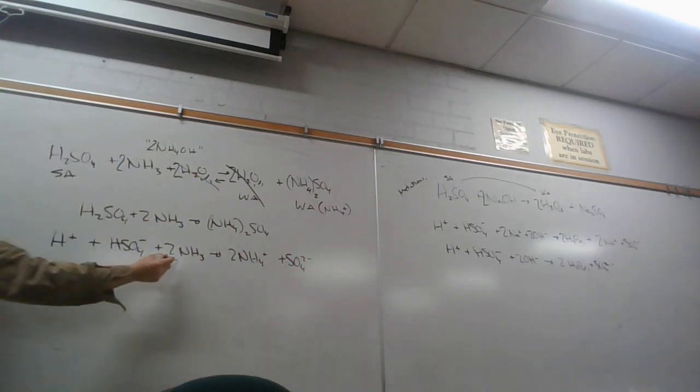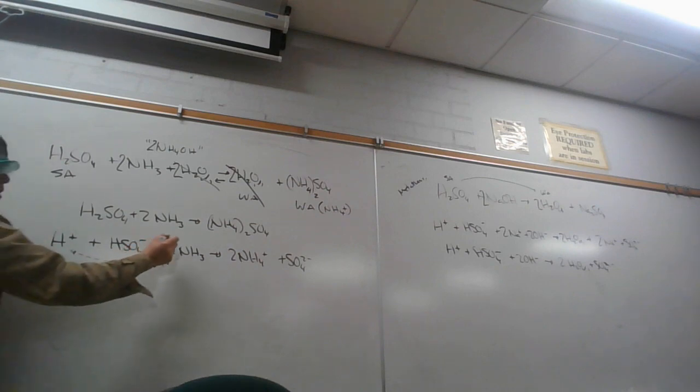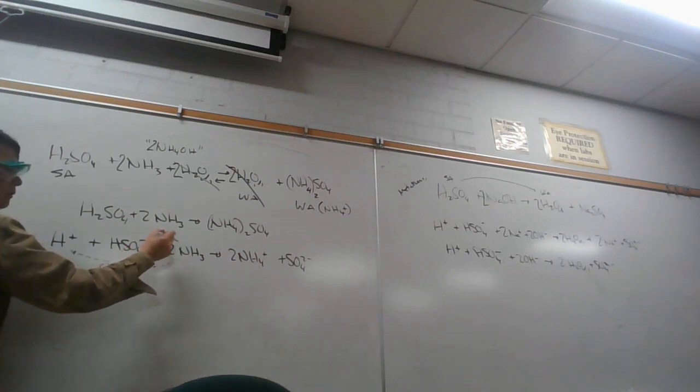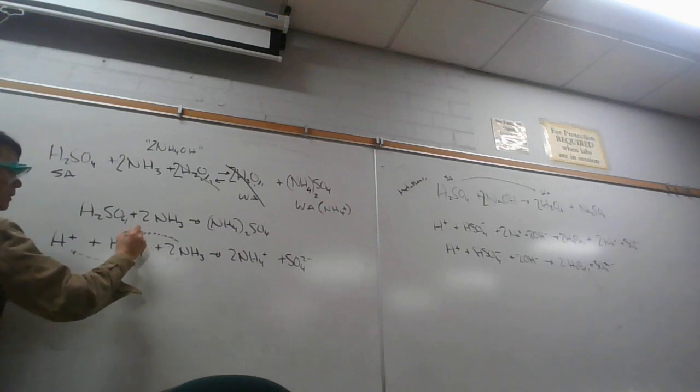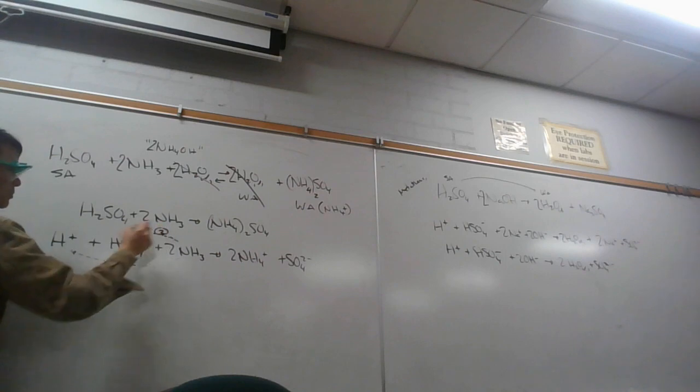So first, the ammonia has no problem plucking this hydrogen. That would be step one in a Bronsted. And then step two in the Bronsted is ammonia has no problem plucking the hydrogen off HSO4 minus. This would be step two.